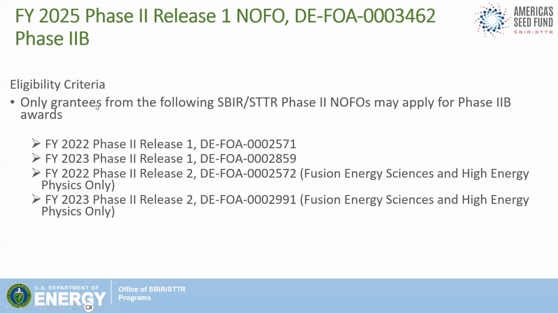Okay, Phase 2B eligibility criteria. You have to have received a Phase 2 award from one of these Phase 2 FOAs, with the additional requirement that the bottom 2 come from the Fusion Energy Sciences or the High Energy Physics offices.